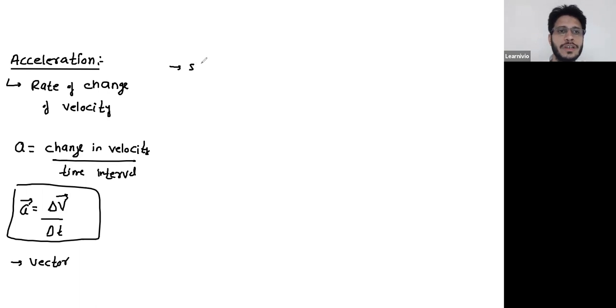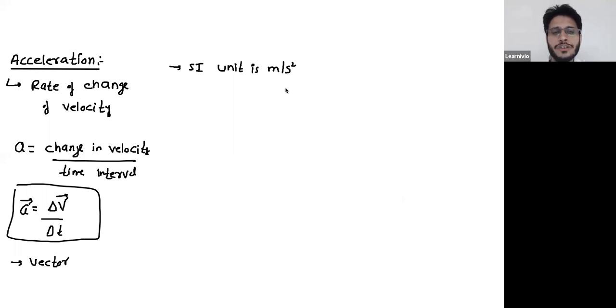Its SI unit is meter per second square. So acceleration is the rate of change of velocity, and its SI unit is meter per second square.